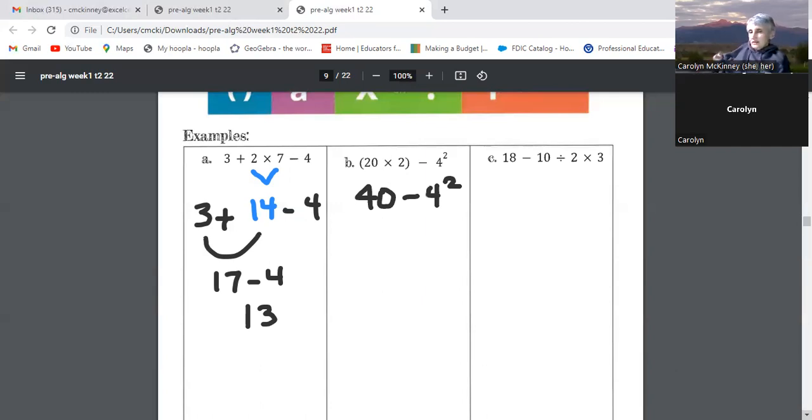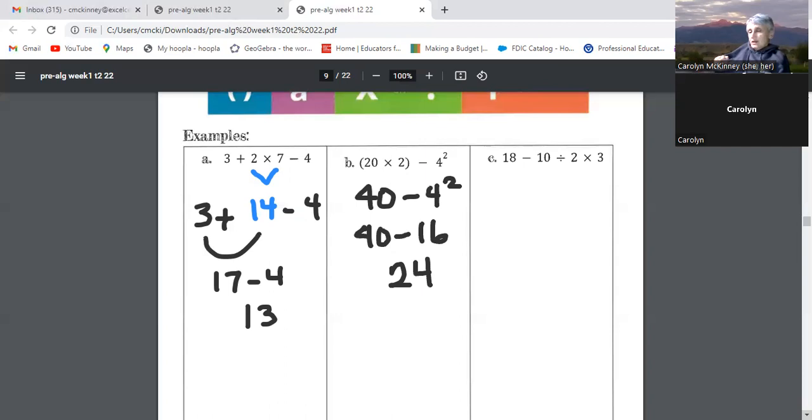But just to show each step, I went ahead and rewrote it here. So then 40, and then minus is going to come down. 4 to the second power. So remember, that means 4 times 4. So 16. And then last step, 40 minus 16, 24.